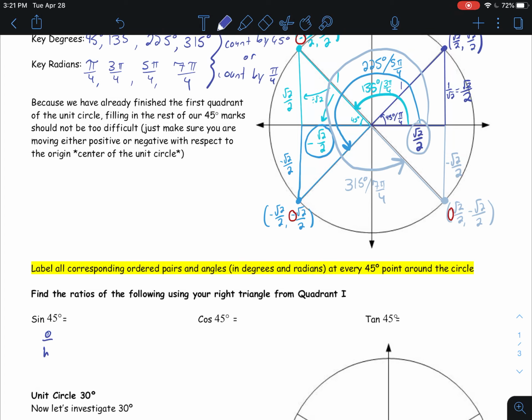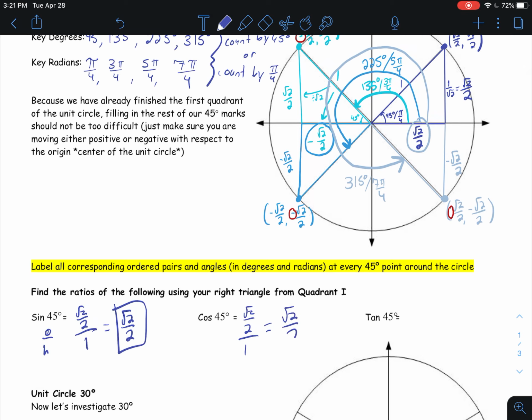So the sine opposite is going to be radical 2 over 2 divided by 1, which would just give us radical 2 over 2. Cosine of 45 degrees is going to be adjacent, which is radical 2 over 2 divided by the hypotenuse, which is 1. So then we get radical 2 over 2 divided by 1.